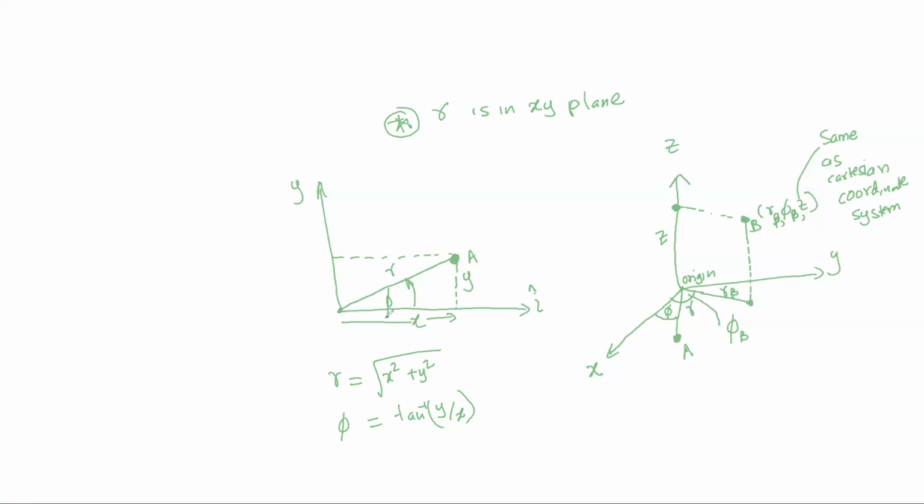R and phi parameters can be defined using xy coordinates as well, right? So there's a very slight difference between those coordinate systems. So is there anything you want to clarify at this point?